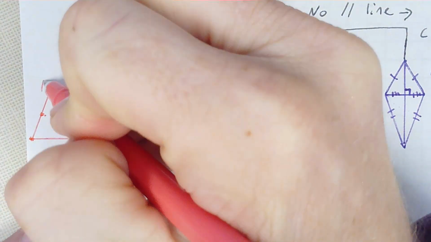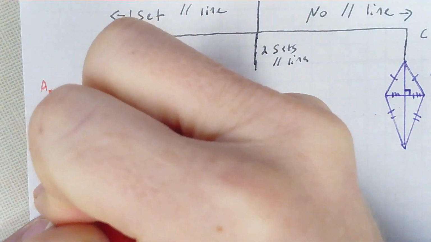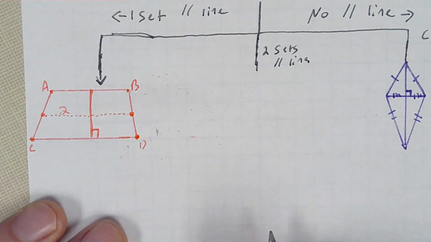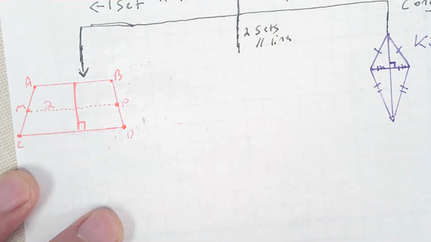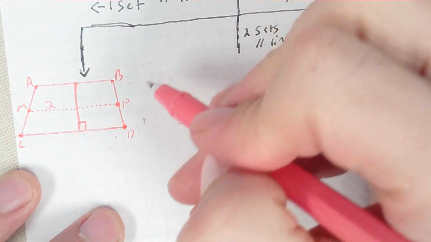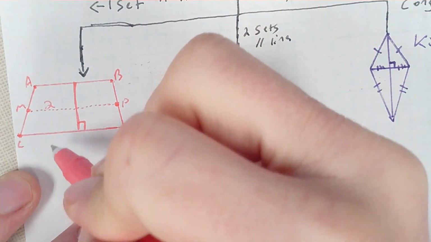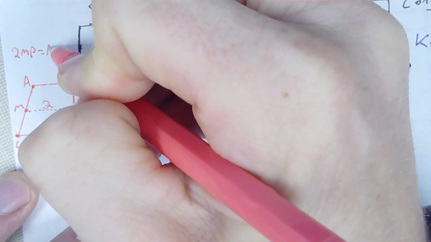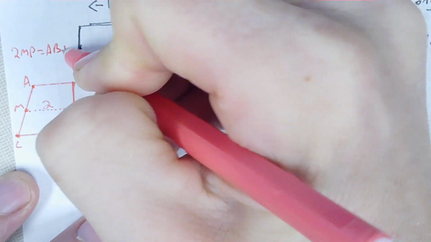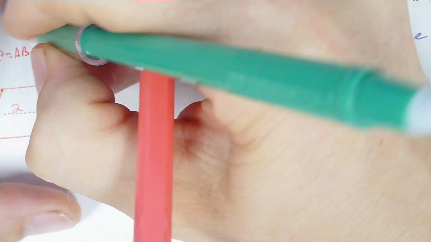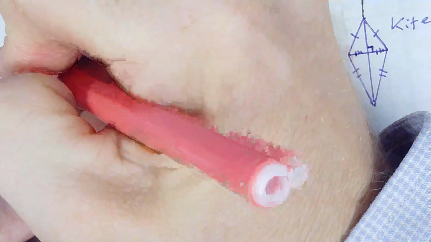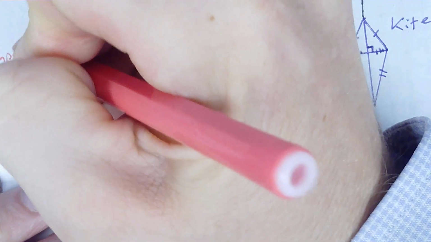So if this was A, and this was B, and this was C, and this was D, and this was MP, for midpoints, the relationship is: two times MP equals AB plus CD.